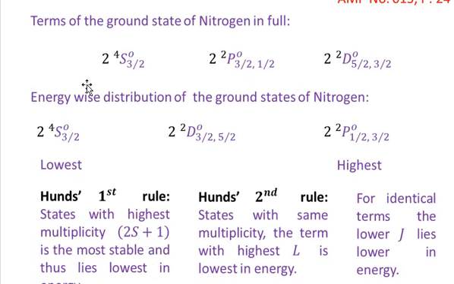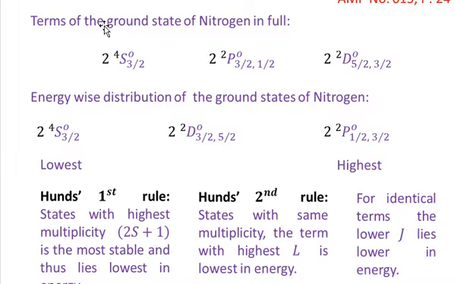Now I want to arrange these terms energy-wise. That is, I shall write on the left-hand side the term with the lowest energy, and on the right-hand side the term with the highest energy. So for these terms, look at the multiplicity. The multiplicity is maximum for this term.